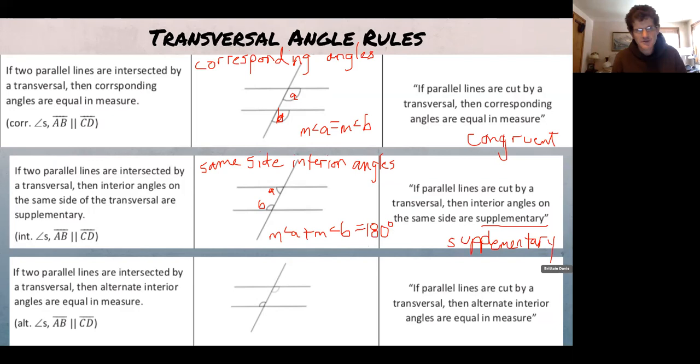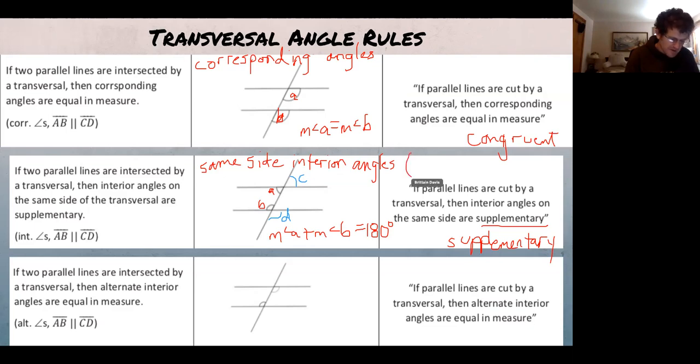Now, just like we have same side interior angles, we also have exterior angles. So right here, if I call this angle C and this one angle D, then they're both on the right side of the transversal. We can see that. But now they're both outside of the parallel lines, so they are exterior. So I would call these same side exterior. And we have short names for these, abbreviations, if you will, they're acronyms.